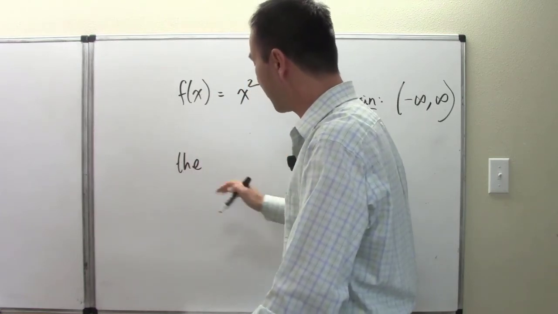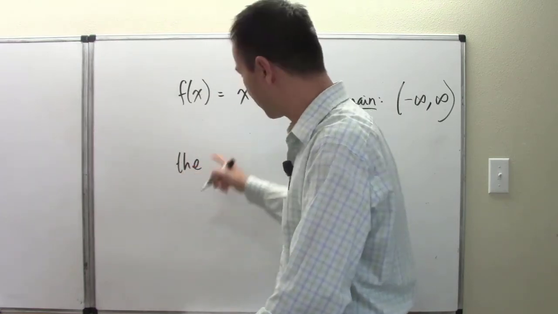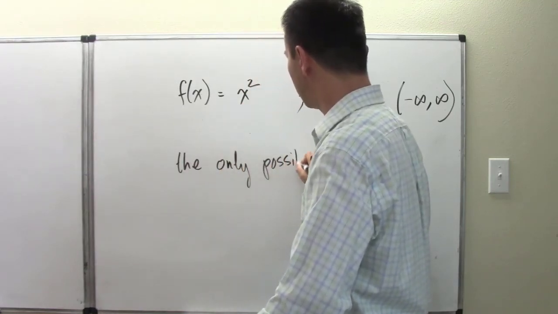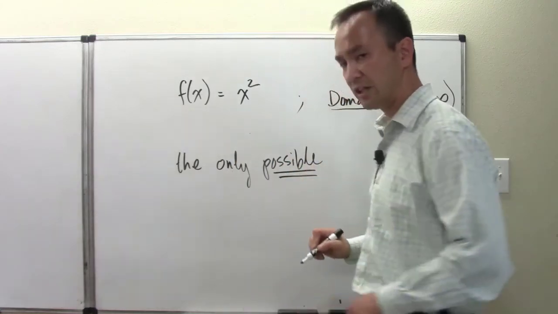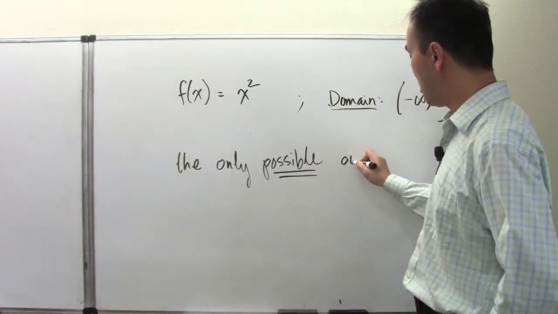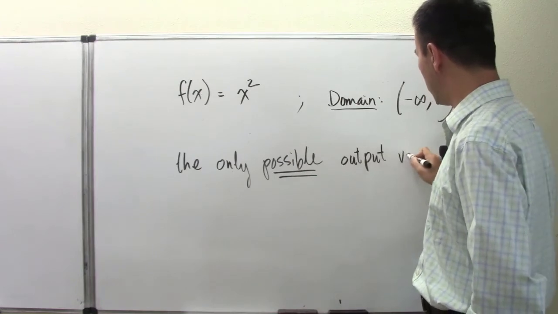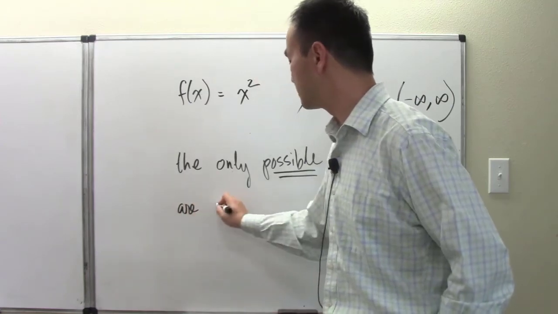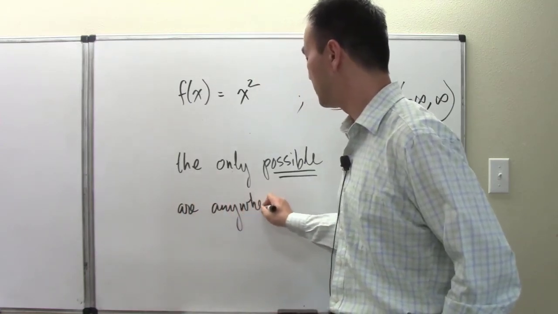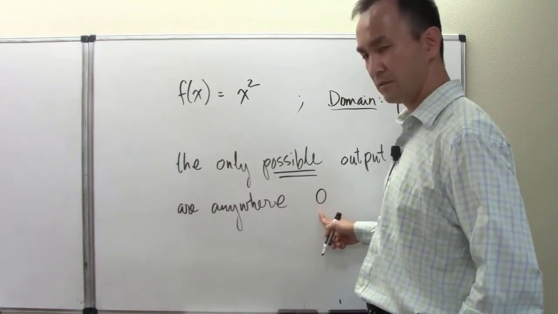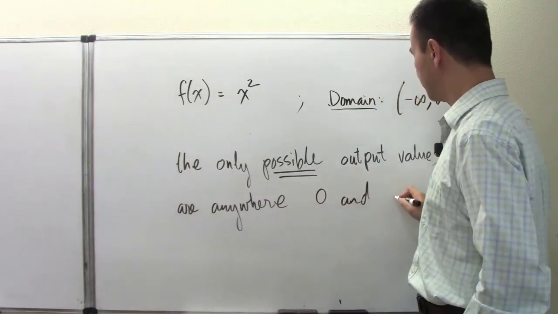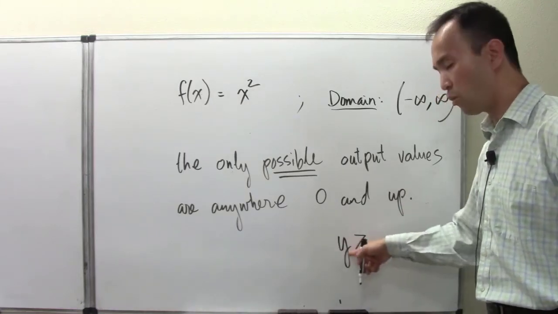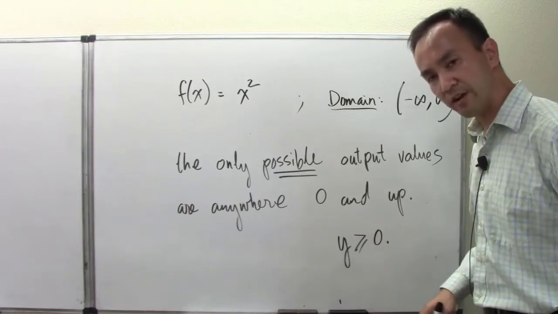After looking at that observation, now I can make some conclusions for this function: the only possible output values, see, I underline that term again, are anywhere from 0, including 0, and up. Okay, that's just like what I was saying earlier, or mathematically speaking, y greater than or equal to 0. That's what we saw right there.